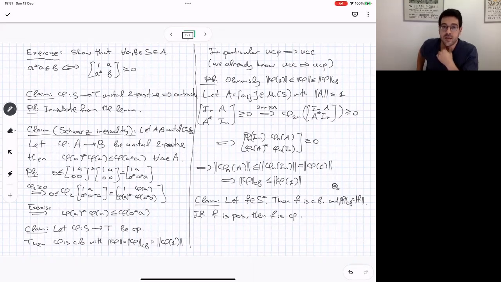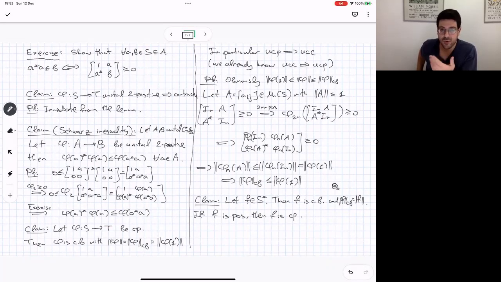Do you agree? Once I know that phi is completely bounded and the norm of f is the completely bounded norm of f, then of course if f is also positive, then it is completely positive, because you can divide it by f of 1, and then it will be a unital contraction, and therefore it will be positive.